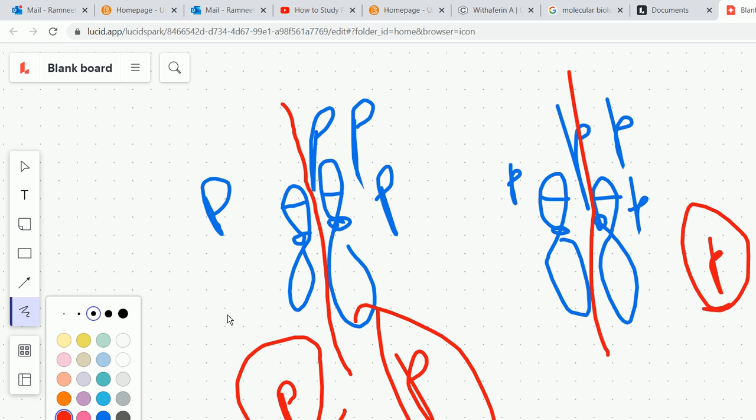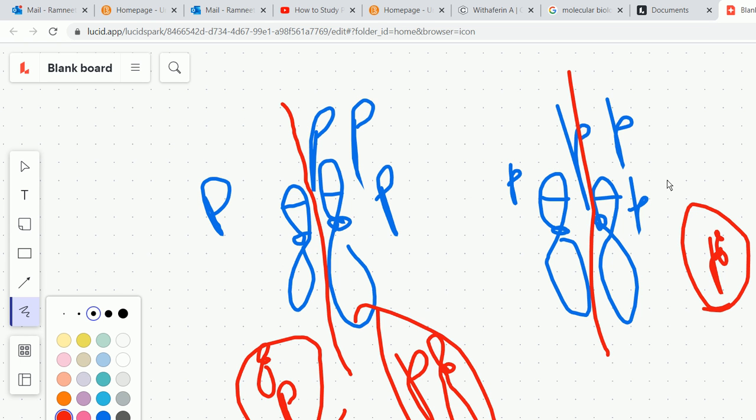And you can see here that this gamete will be having this chromosome with allele capital P, and this other gamete will also have the chromosome with capital P, and this gamete will have the chromosome with small p, and this gamete will also have the chromosome with small p.